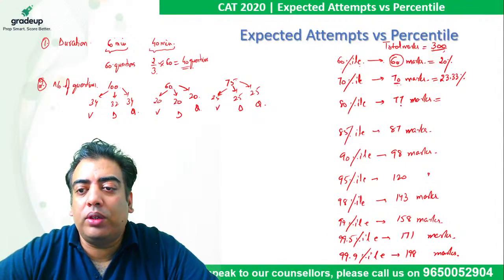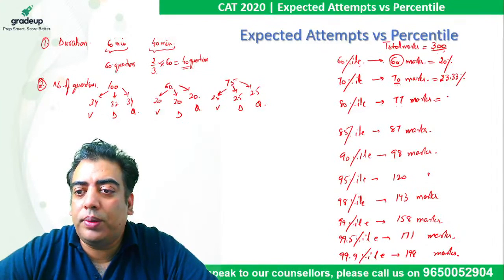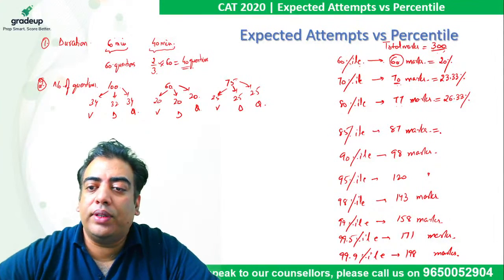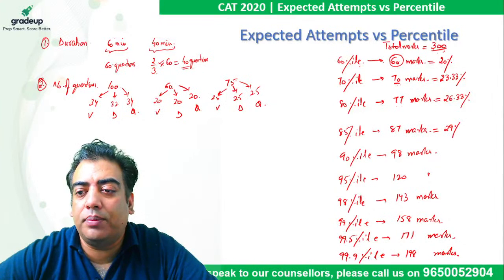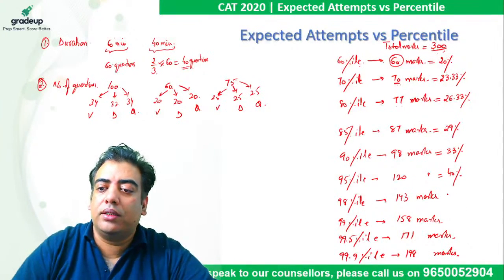So when we talk about 77 marks out of 300, it comes out to be somewhere around 26.33% marks. 87 comes out to be at 29% marks. 98 comes out to be at 33% marks. So this will be around 40%.